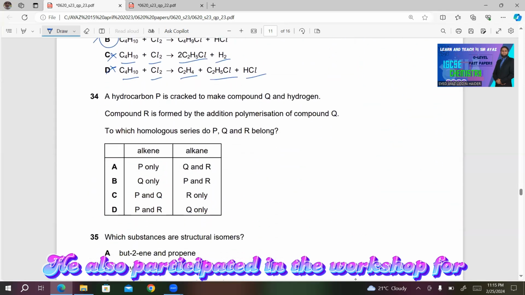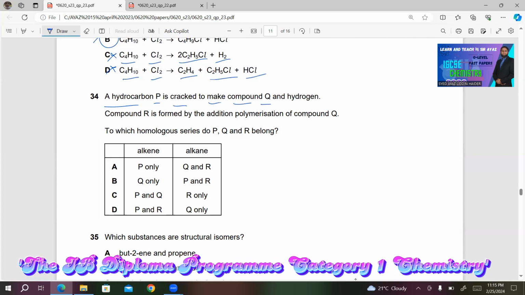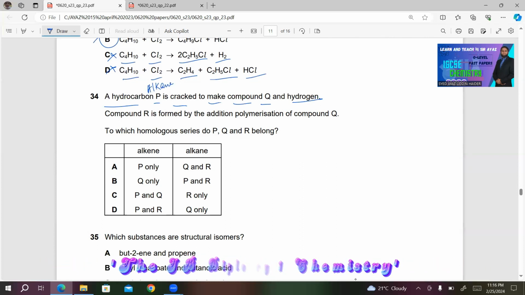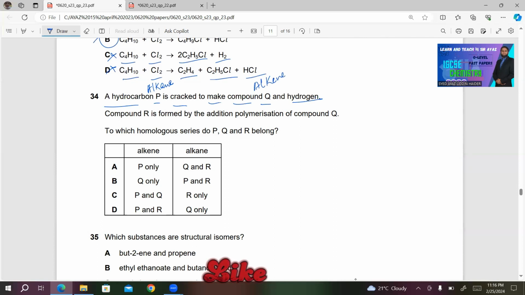Number 34, a hydrocarbon P is cracked to make compound Q and hydrogen. So a hydrocarbon which is cracked must be an alkane. And after cracking, we are getting compound Q. It must be an alkene. Compound R is formed by the addition polymerization of compound Q. To which homologous series do P, Q, and R belong?